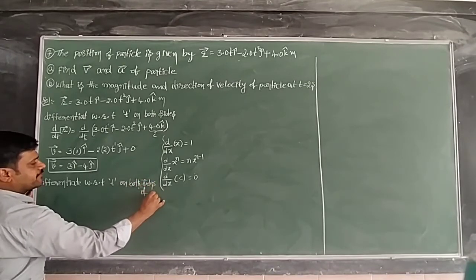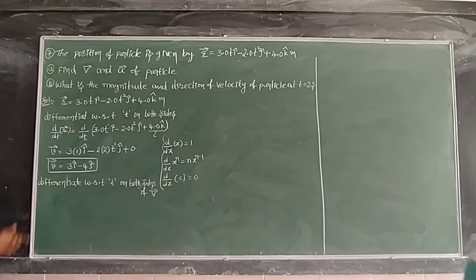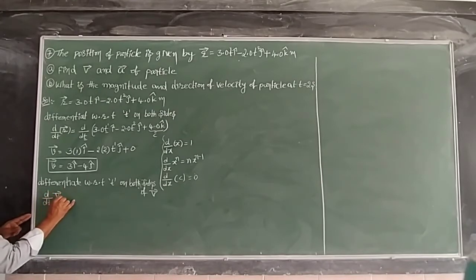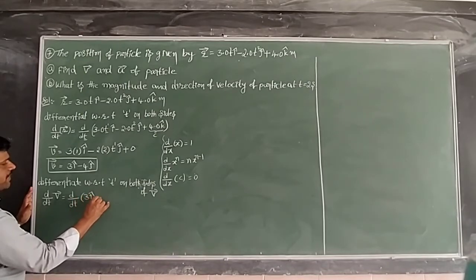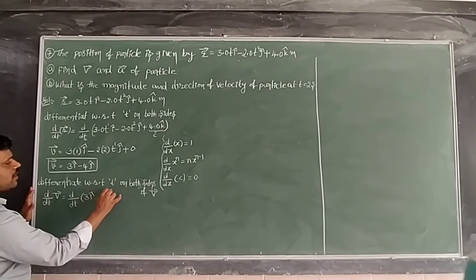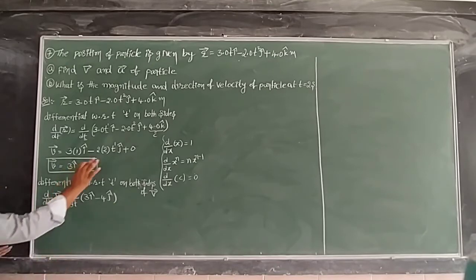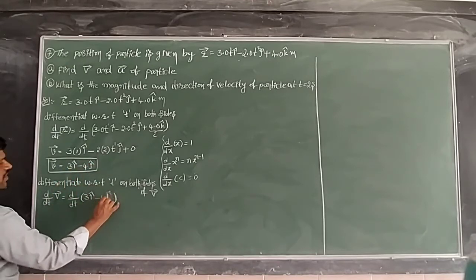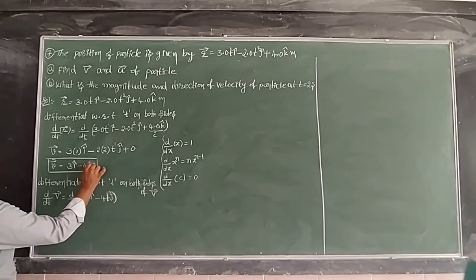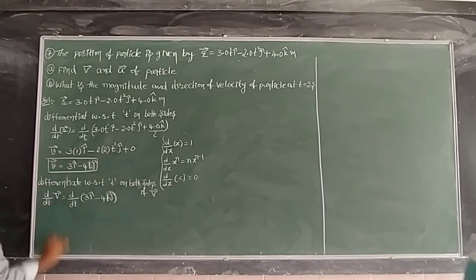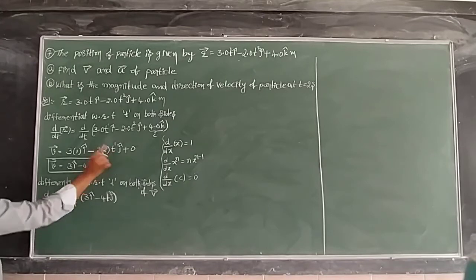So d by dt of v bar is equal to, once again, d by dt of 3 i cap minus 4 t j cap. Now velocity is nothing but 4 t j cap. See, t power 1 is there, 2 2s are 4 t j cap.